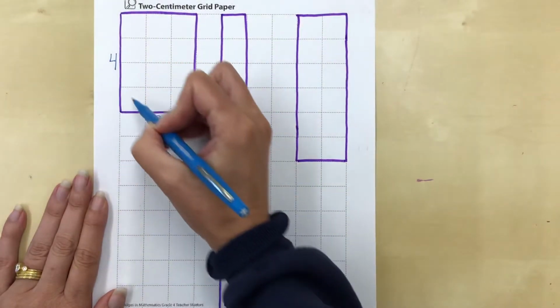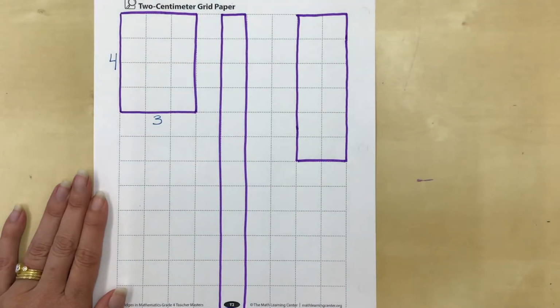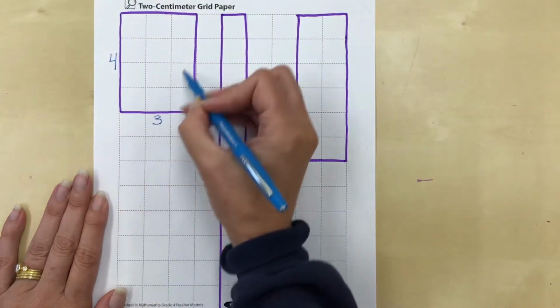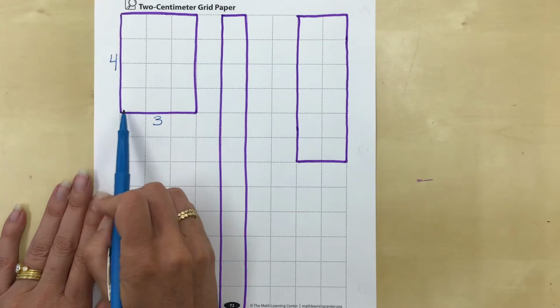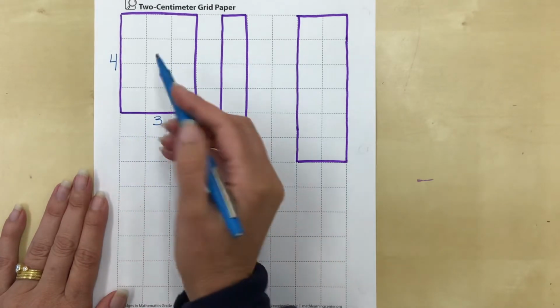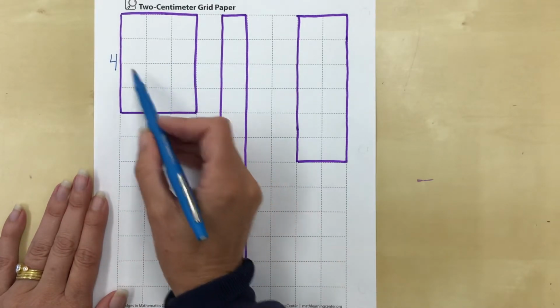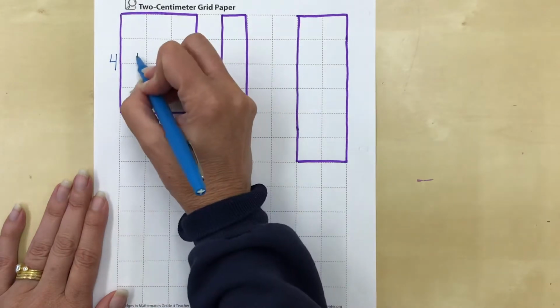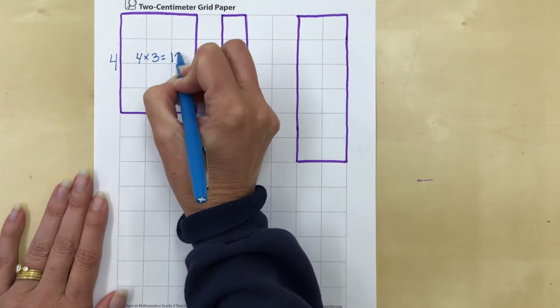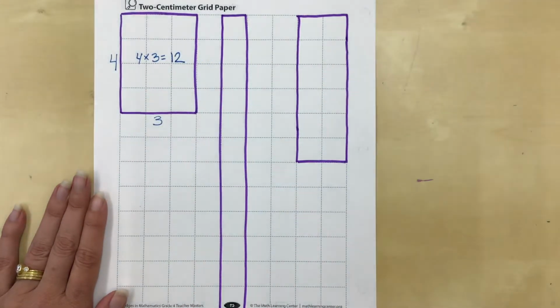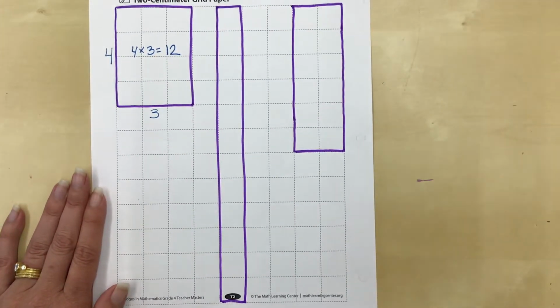So these are our dimensions. And the area, that's the inside, is the length times the width. So our area here is 4 times 3, which equals 12.